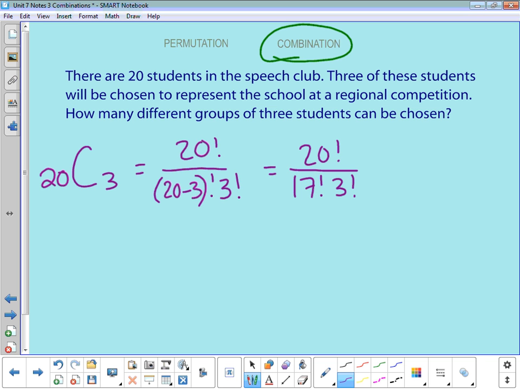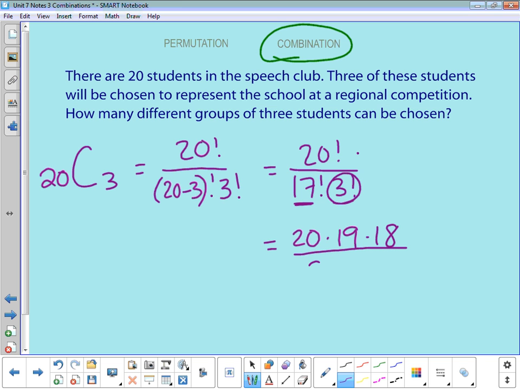Now we're always trying to find ways to make it a little bit easier on ourselves, so consider this. Everything from 17 on down in the top and the bottom is going to cancel out. So I'm just going to write what will be left. That means I have 20 times 19 times 18 on the top, because everything from 17 down is going to cancel.